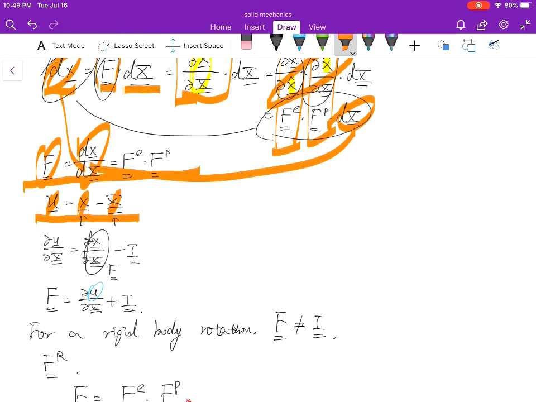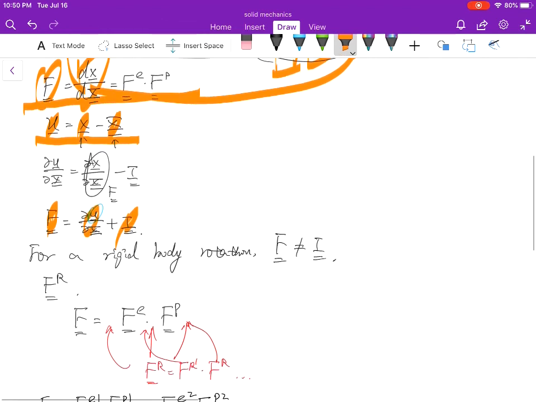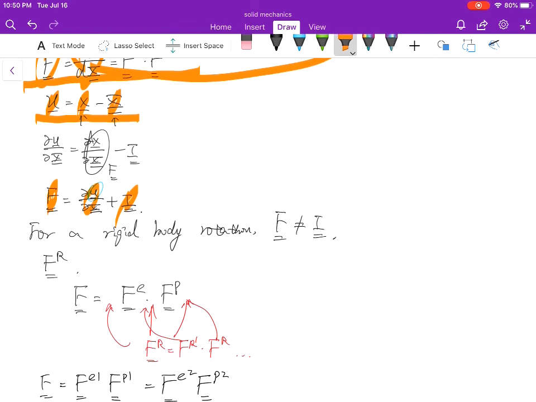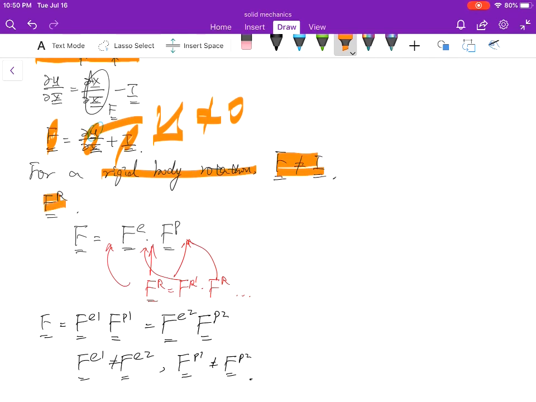So we have the deformation gradient tensor defined in terms of the derivative of displacement with respect to the reference configuration, plus the identity tensor. That means for rigid body rotation, usually the displacement u is not equal to 0. So the deformation gradient tensor is not equal to the identity tensor, and we further name this the deformation gradient tensor associated with the rigid body rotation. We name it FR.